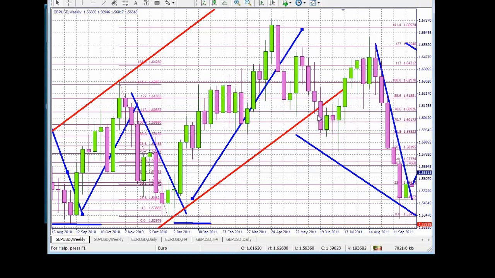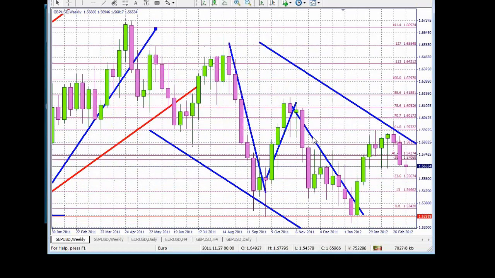In that case, the currency broke the trend line, the inferior trend line, that red one, and retraced and tested again the inferior trend line, but this trend line was acting like resistance, and the currency started its way back, starting the corrective wave.